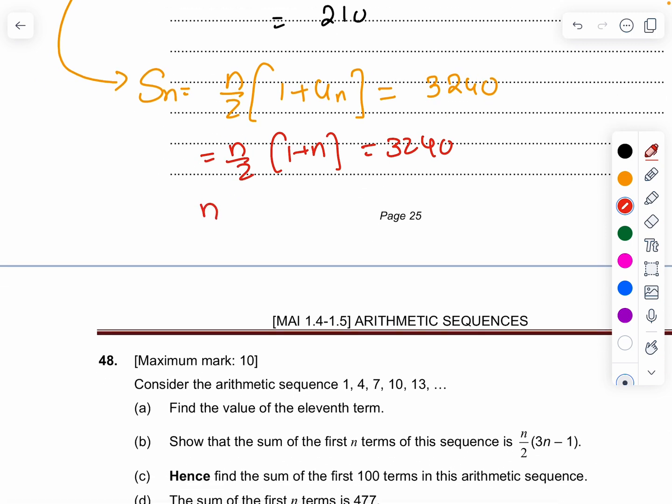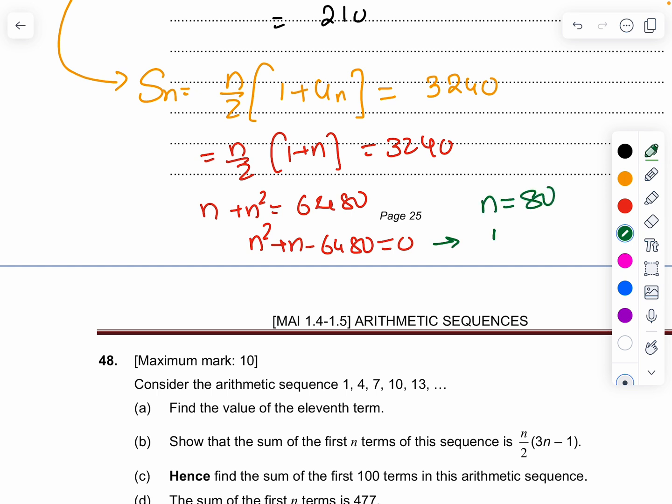So expand: n plus n square equals 6480. So n square plus n minus 6480 equals 0. Use the quadratic formula. You get n equals 80 or negative 81. Negative 81 is not possible.